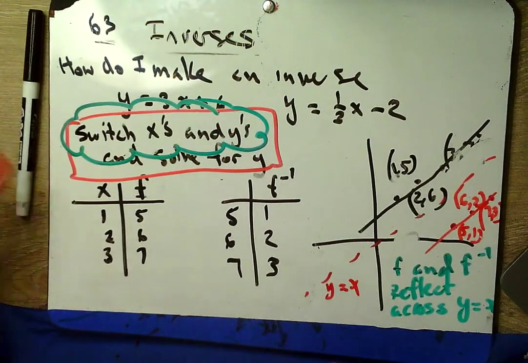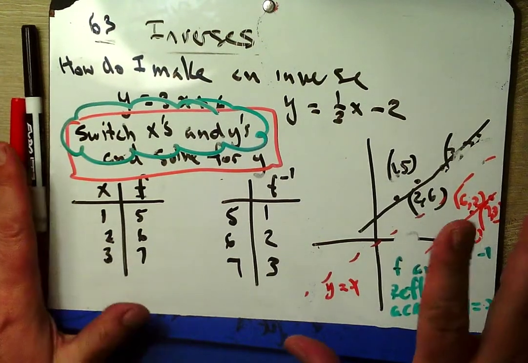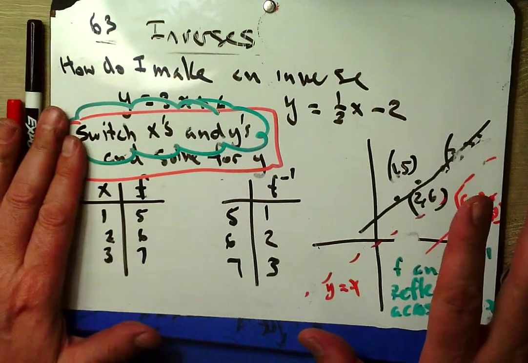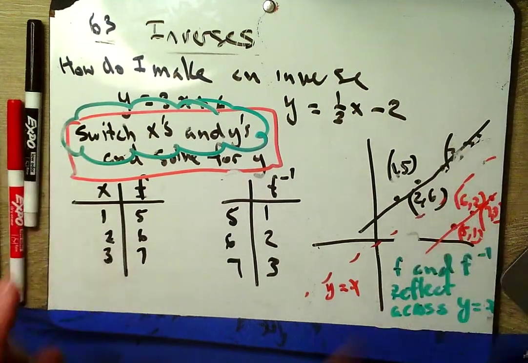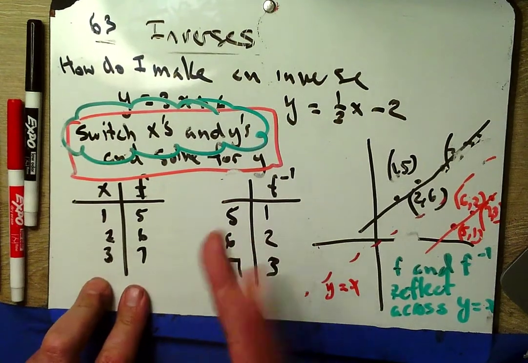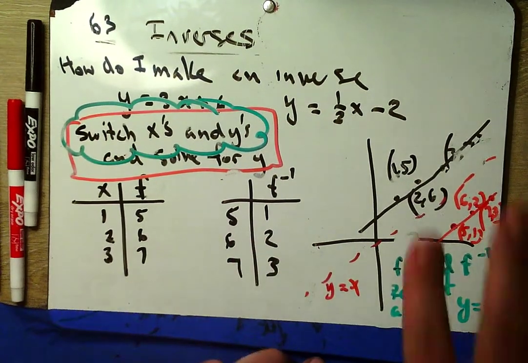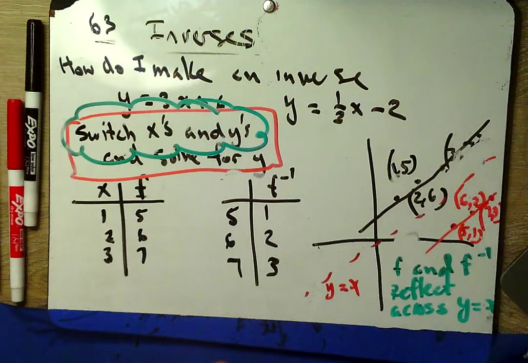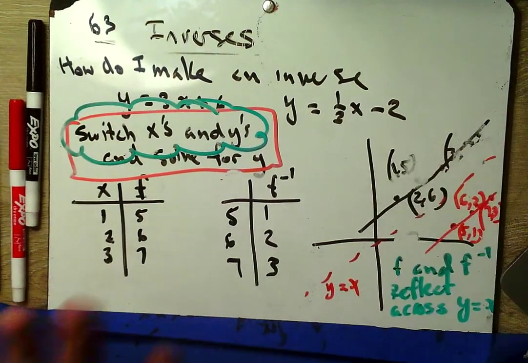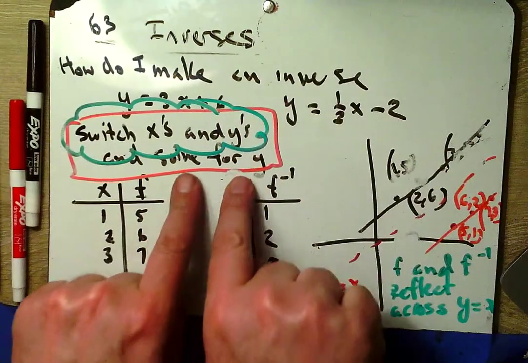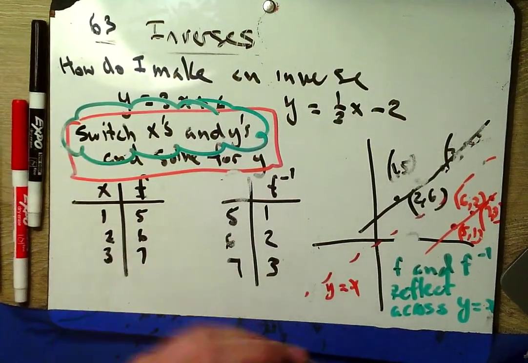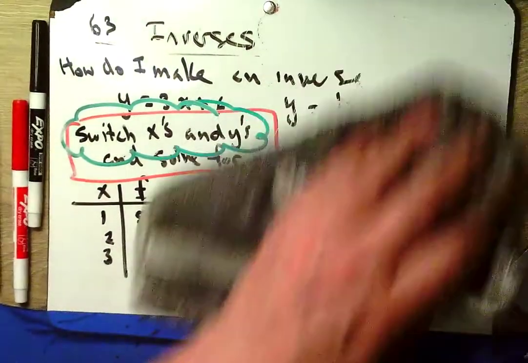Okay? All right. That's fabulous. Switch the x's and y's, solve for y is what I do algebraically. Numerically, I just flip the inputs and outputs. Graphically, I flip the inputs and outputs. It's pretty dependable. Oh well, at least until we get to the next video.